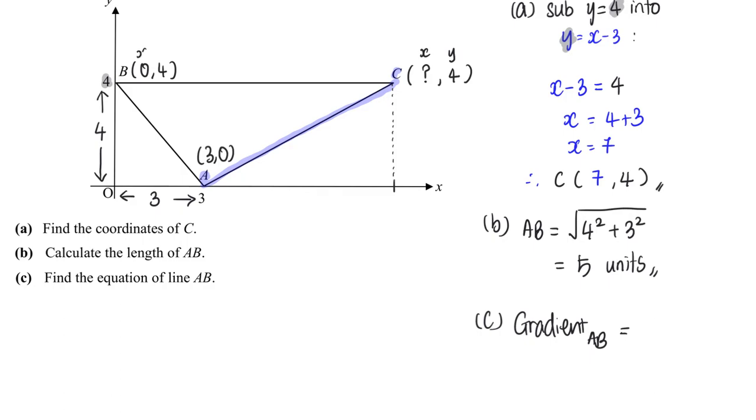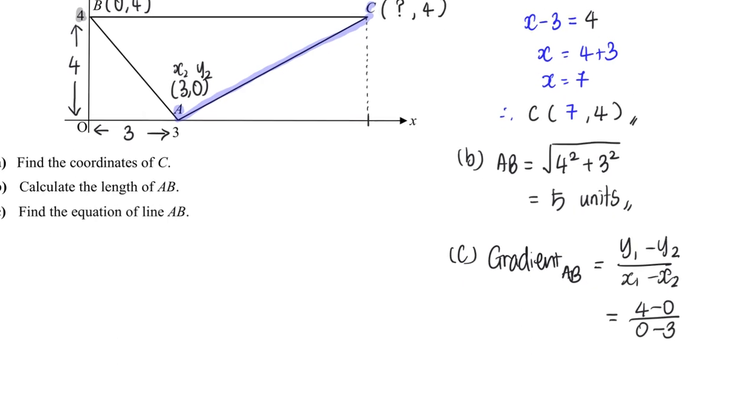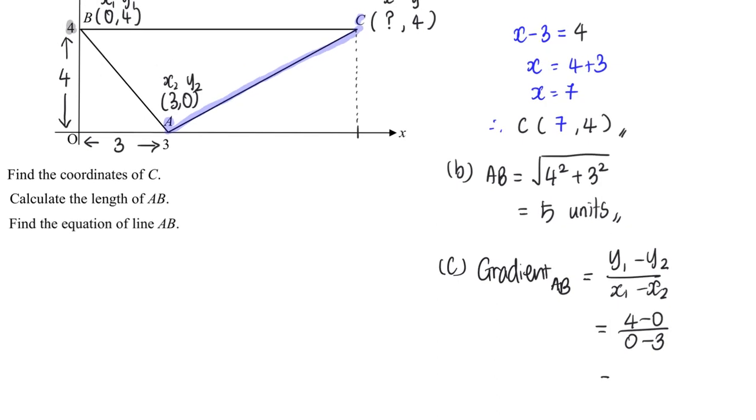So this will be my x1, y1, x2, y2, and I can simply apply the formula of y1 minus y2 over x1 minus x2. So I will have 4 minus 0 divided by 0 minus 3. Well, that will give me negative 4 over 3. So that's step 1.